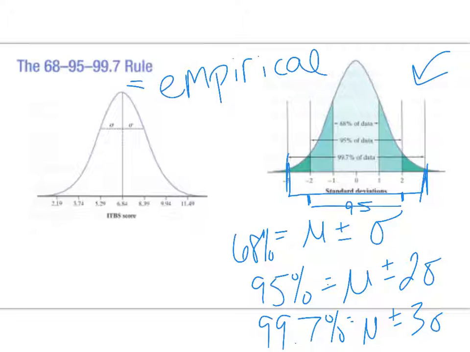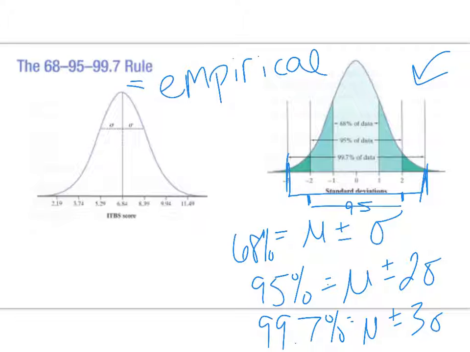So looking at this curve over here on the right, again, it is from that data, from that Iowa basic skills test. The question that was asked around this is, would it be unusual for a student to score a 9.94?